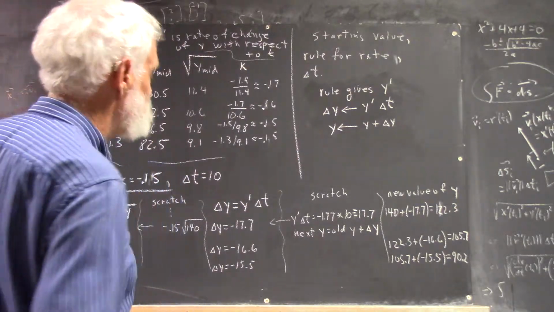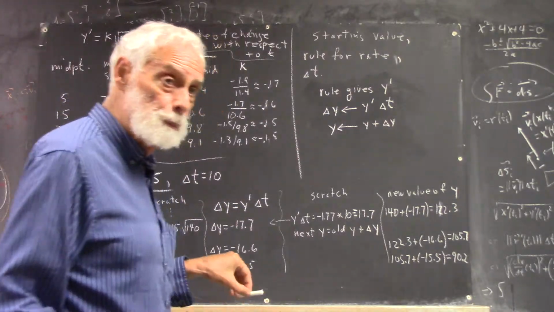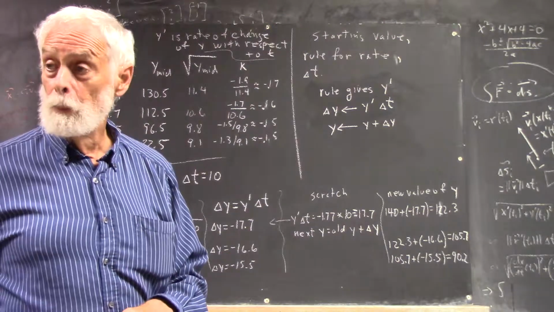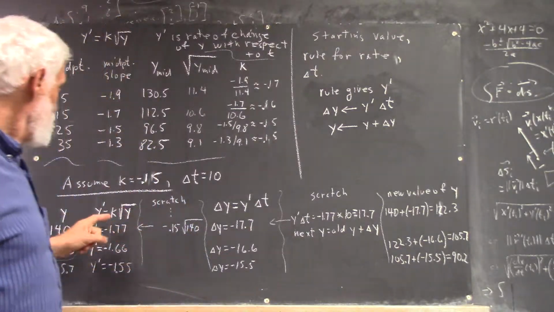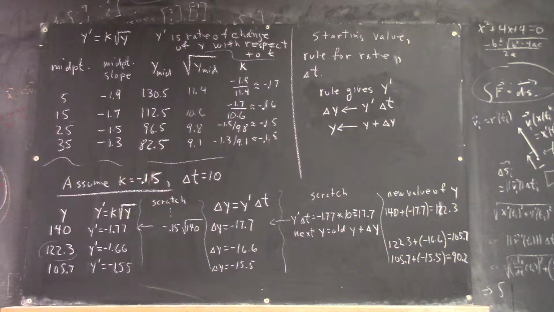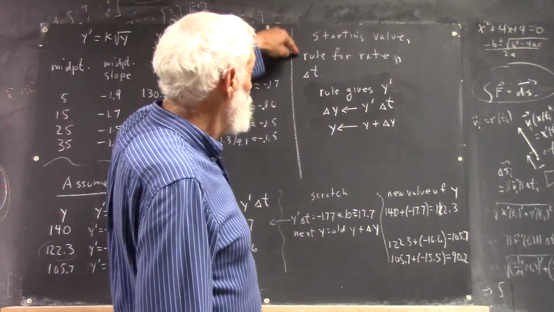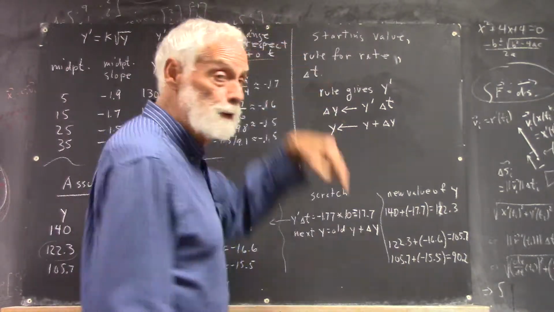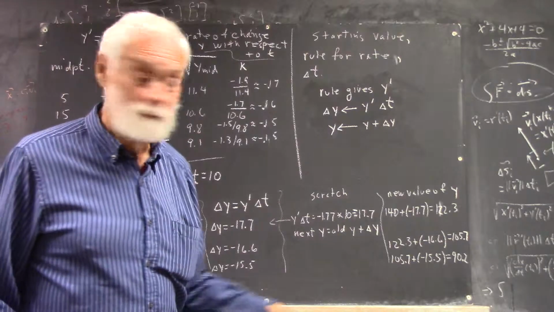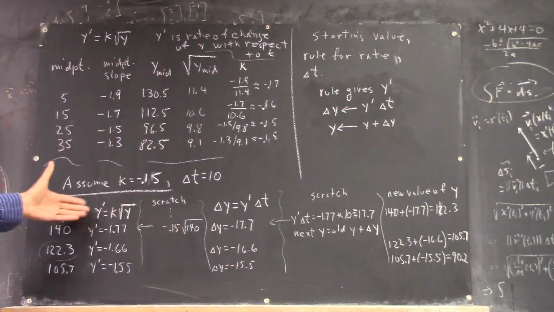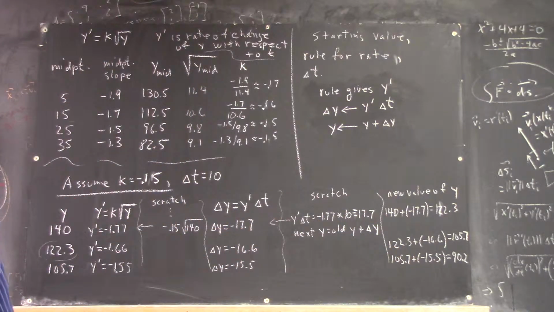Now, there are different rules, and I'm going to give you some different rules on your homework, okay? The rule here is k square root of y with k equals negative 1.15, okay? So you're going to have a starting value, you're going to have a rule for your rate, and you're going to have a delta t. Exactly as you have here, except your rule is going to be different, okay?